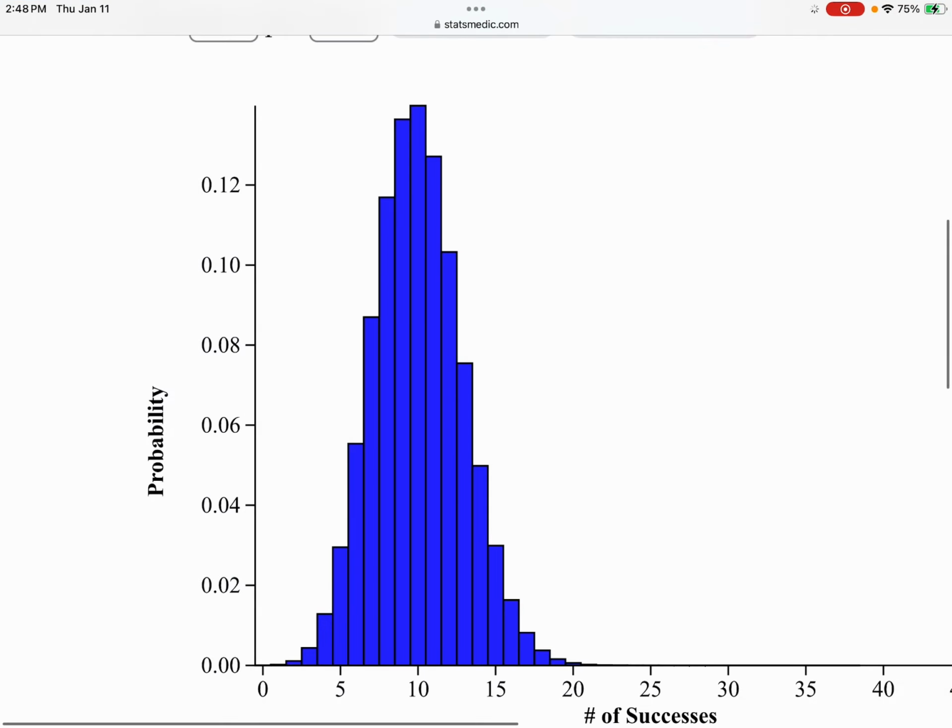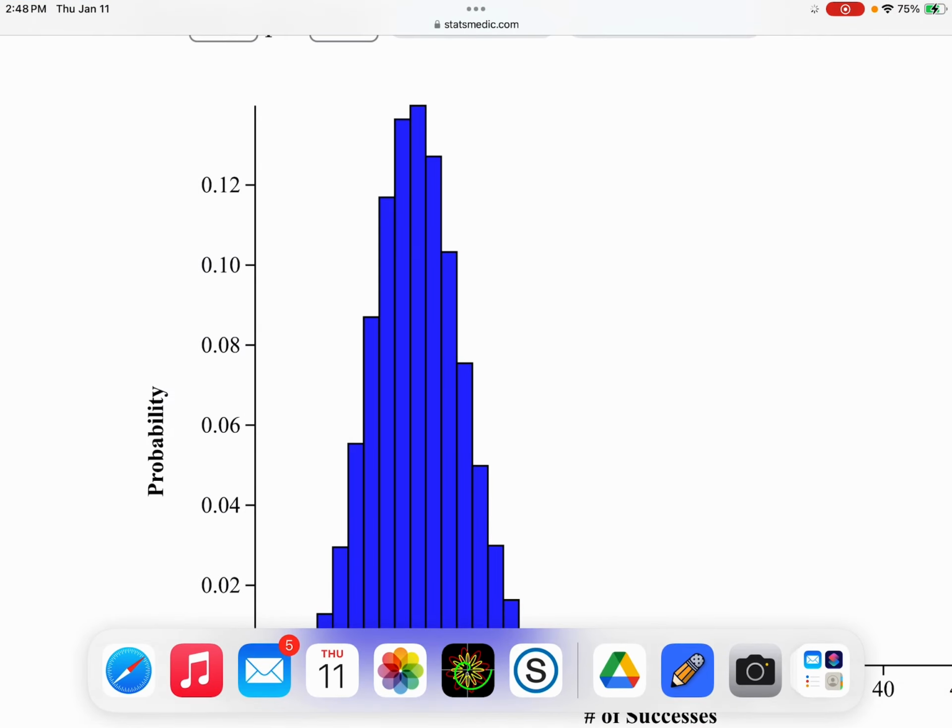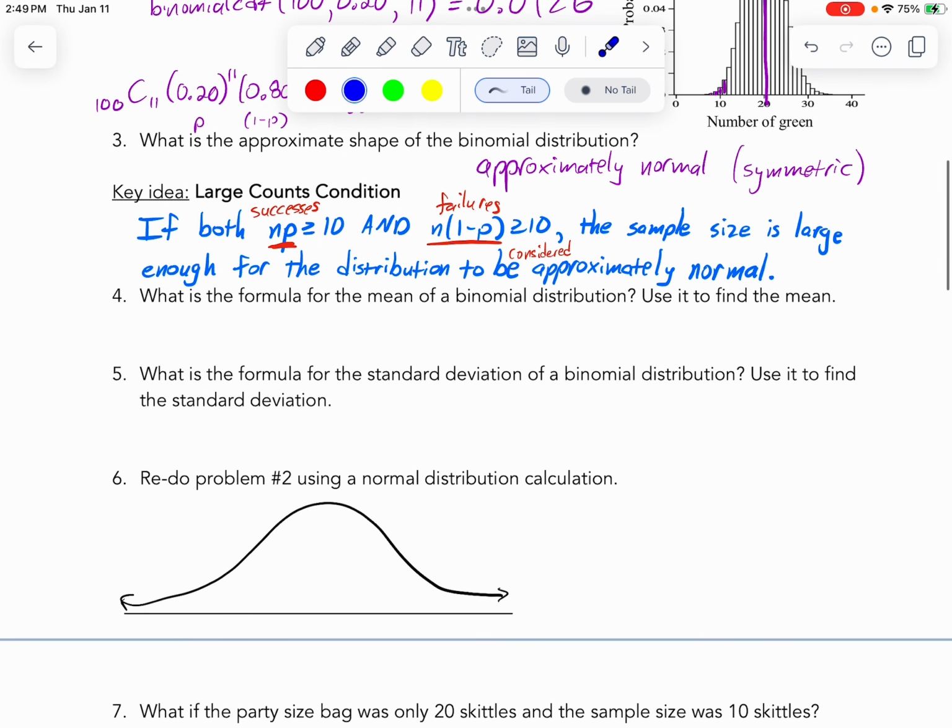All right, back to the notes. What is the formula for the mean of a binomial distribution? Look in your green packets, everybody. The mean of a binomial distribution is, that's geometric, it's n times p. So that would be 100 times 0.20, so that's 20.